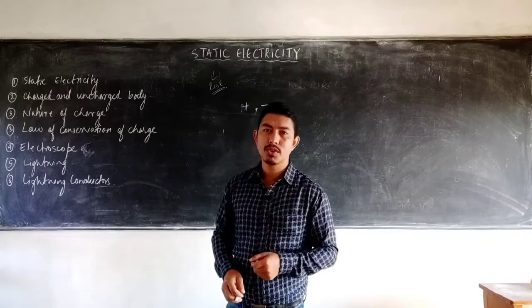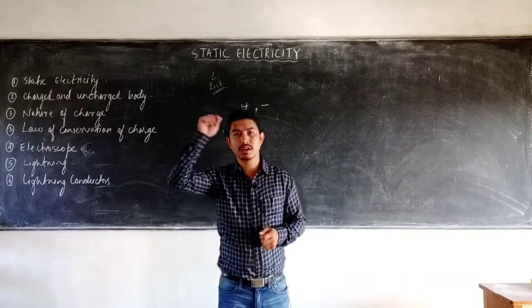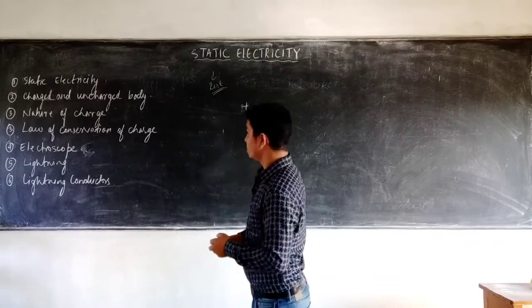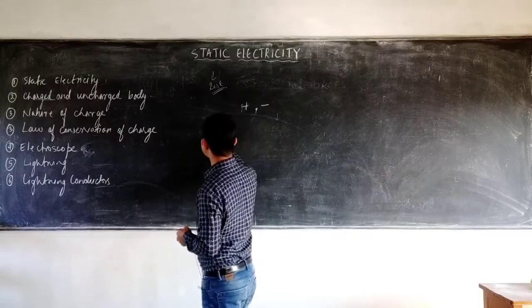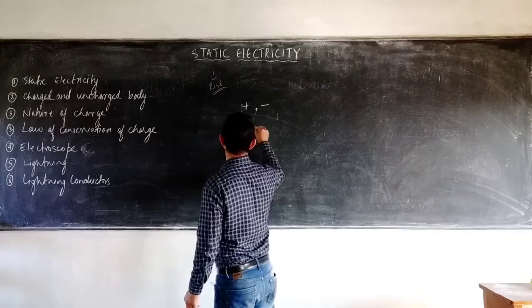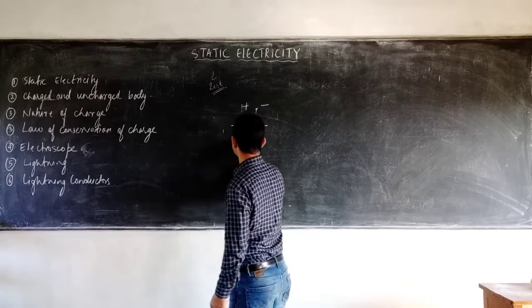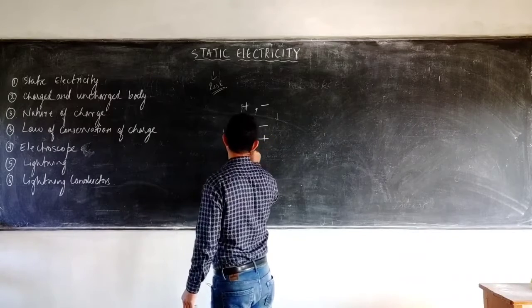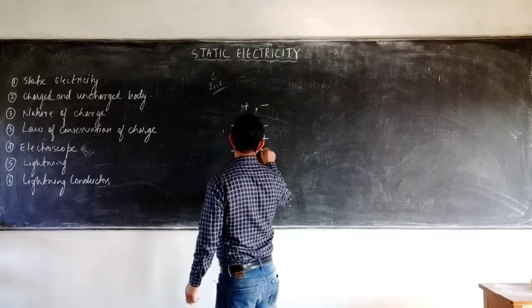Now when you were young, you must have played by rubbing a scale on your head and then attracting pieces of paper. That means two bodies which are charged attract one another. The positive charge attracts the negative charge, the positive charge repels the positive charge, and the negative charge also repels the negative charge.